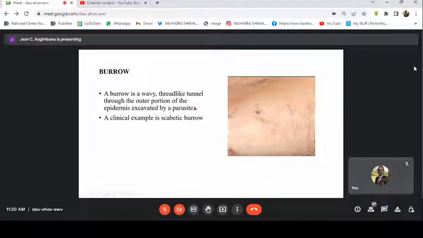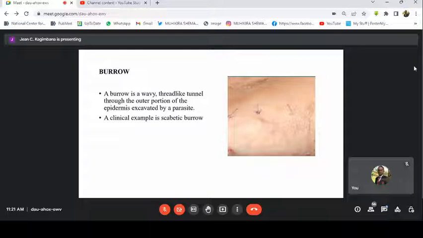We have a characteristic in skin ankylostomiasis called larva migrans, or in scabies burrow. Scabies Sarcoptes is a small, microscopic parasite which penetrates the skin because it's highly contagious by contact.